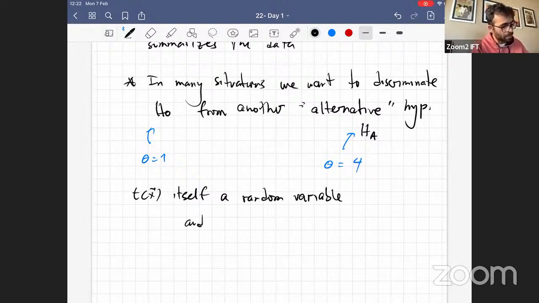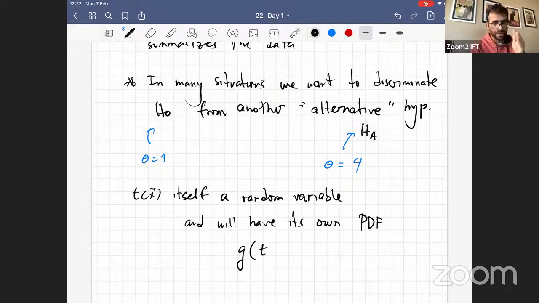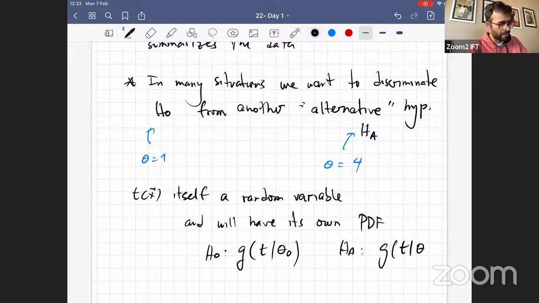And it will have its own PDF. Let me call this G of the value of the test statistic, given some theta 0. This is my H0. And HA could be another value of theta, right?